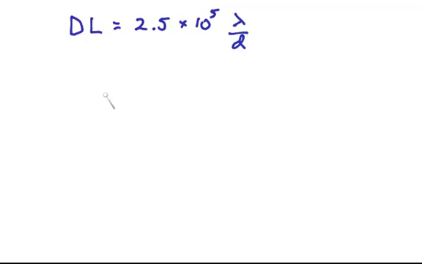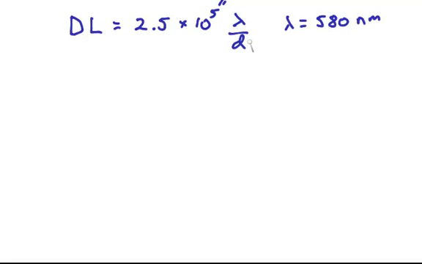Here's the formula that we use. The diffraction limit, shown by DL, which is the size of the sharpest thing that you can see, is given by 2.5 times 10 to the fifth, and the units of this are arc seconds, times lambda divided by D. Lambda, of course, is the wavelength of the light you're using, and here we're going to assume lambda is 580 nanometers.